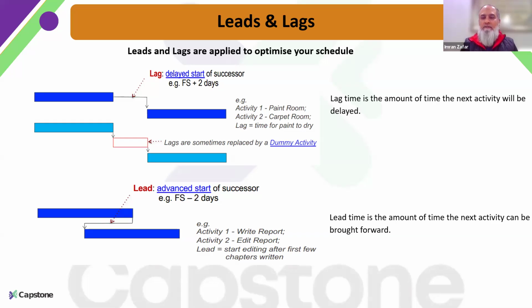Same goes for the concrete work: once you are done with concreting, you need to give it some time to settle so that it gets the required strength, and then you can start working towards other activities. So this is what we call lag, which is basically the amount of time that we need to give for the in-between activities.